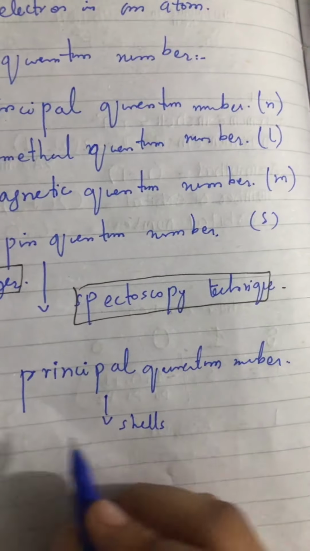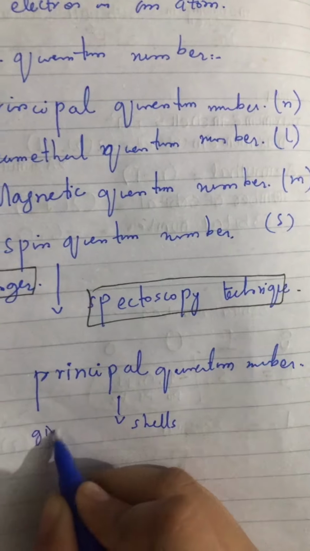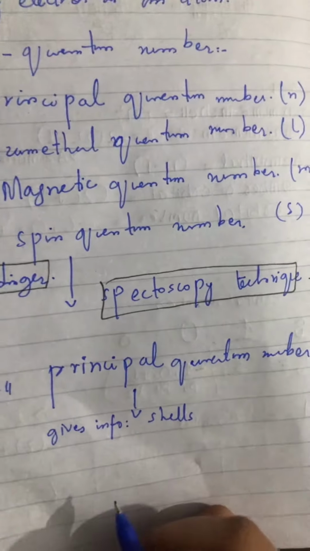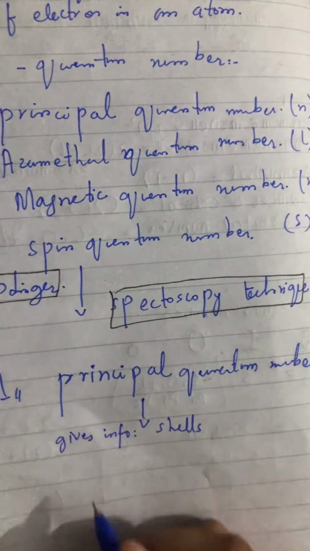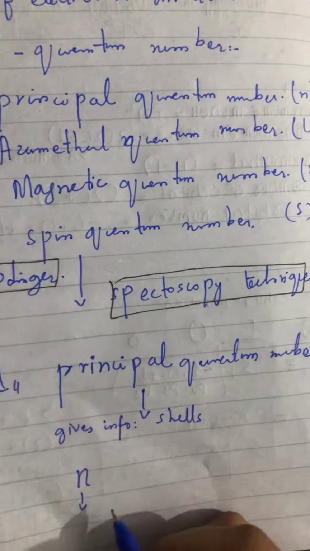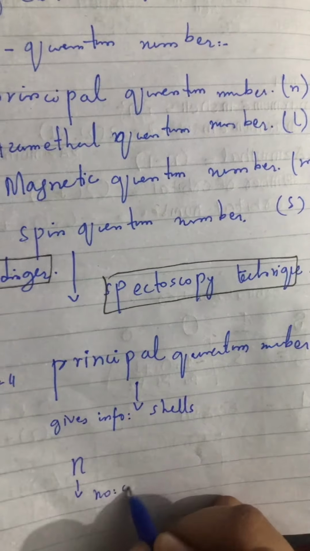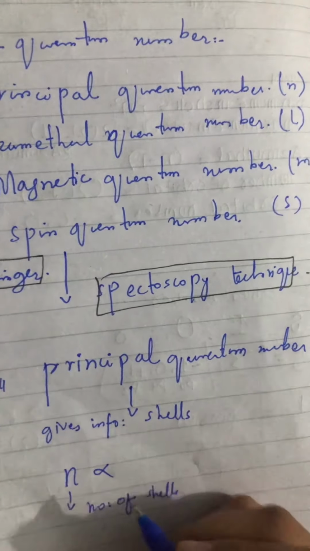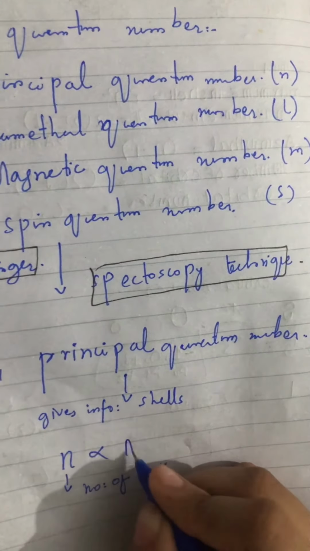Means principal quantum number gives information of the shells. N denotes the number of shells. It is directly proportional to the atomic radius.